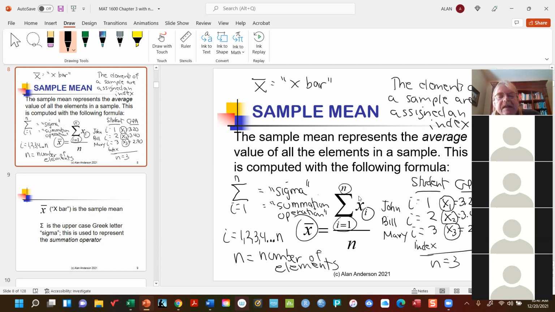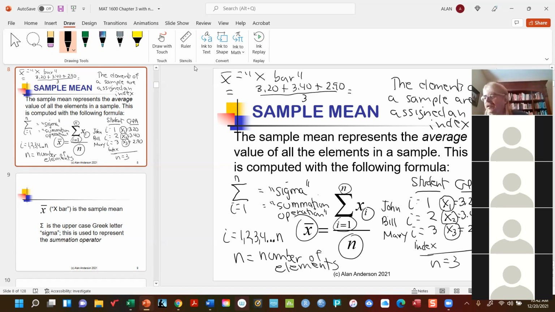So all of this put together is simply telling me that in the numerator, I'm just adding up these x's. In my GPA case, I'd literally just add up 3.2, 3.4, and 2.9. And then in the bottom, I'm dividing by 3 because I have 3 elements in my sample. In this case, I would have 3.2 plus 3.4 plus 2.9 over 3.